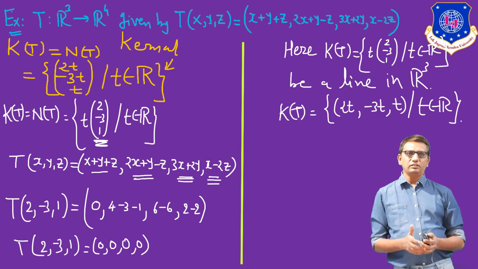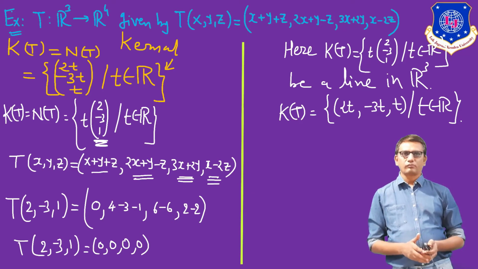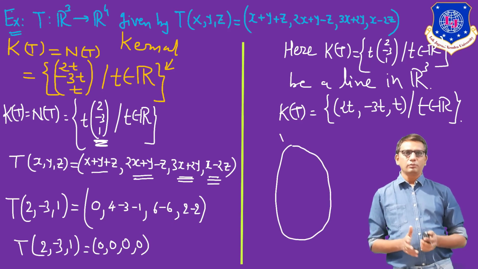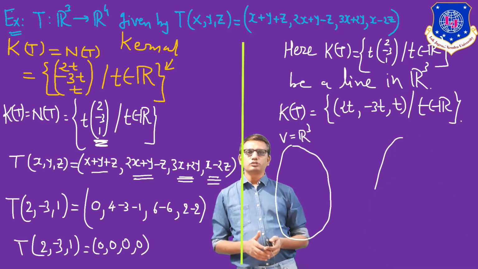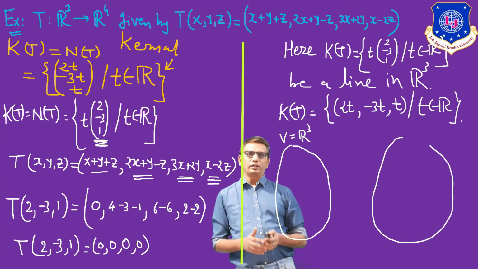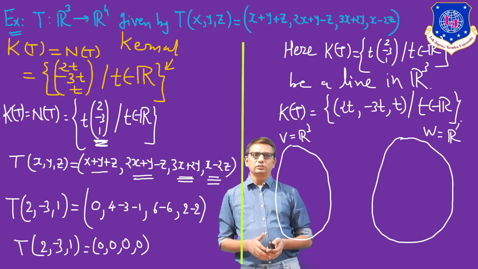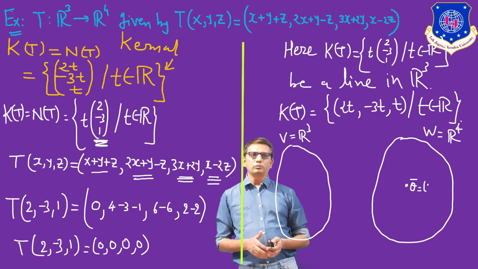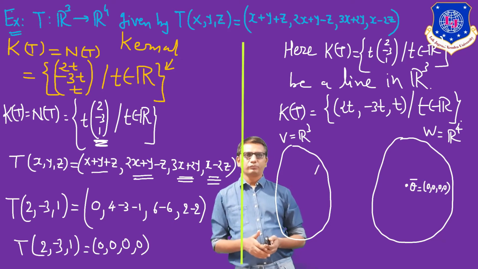It is obvious that for any linear transformation, but it is only valid when your solution is unique. Here we have infinitely many solutions. So 0 vector goes to 0 vector, but other vectors also go to 0 vector. So that is the geometrical concept of kernel of T. So that is our R cube, and this side we have R4.